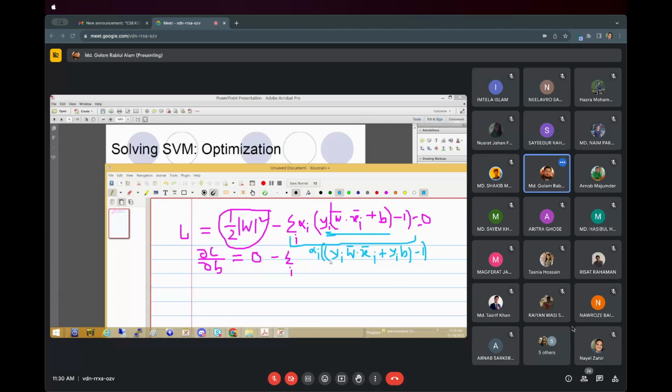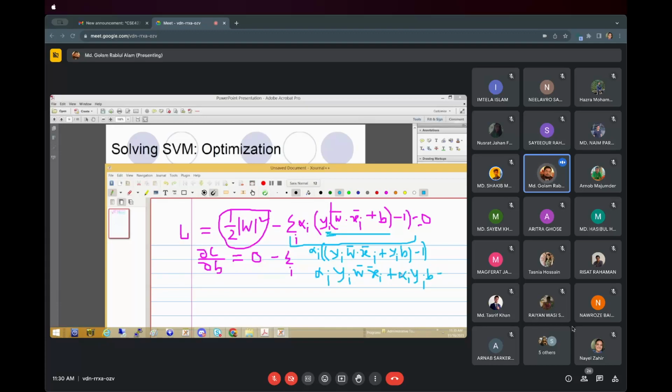Okay, so now if we consider the alpha I also, if we multiply with alpha I, then it will become alpha I. So we will get alpha I yi, then W x I plus alpha I yi, and also alpha I yi and b, and minus 1.